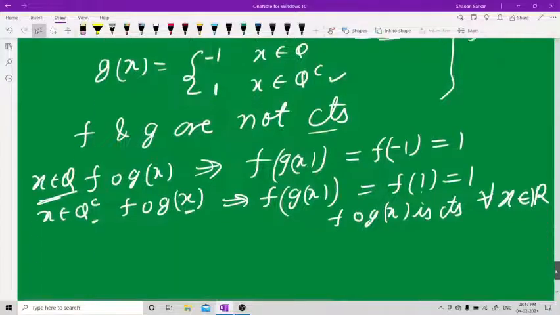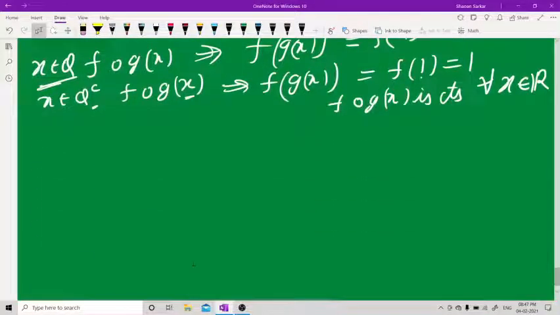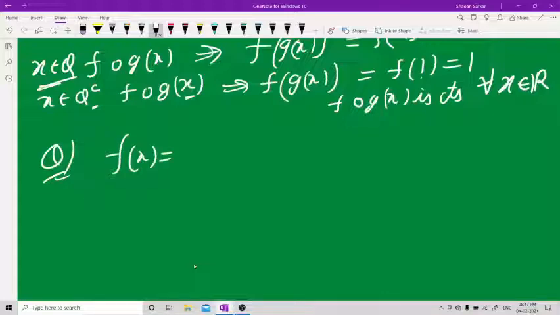Now, the next point. Let us take one function like this. Question: f(x) equal to mod of 1 minus mod x, plus mod x, whole mod. Let me take this as a whole mod.